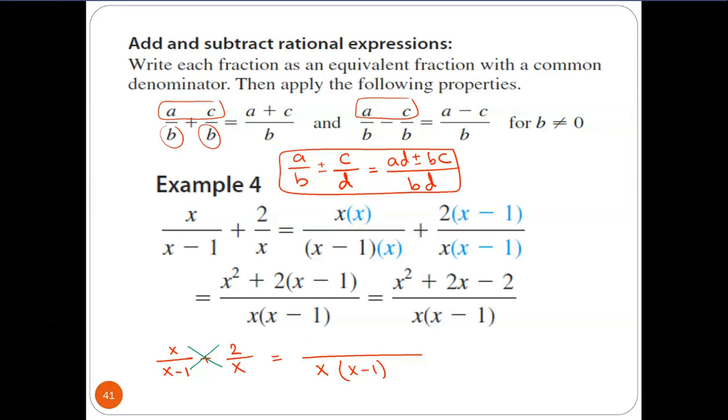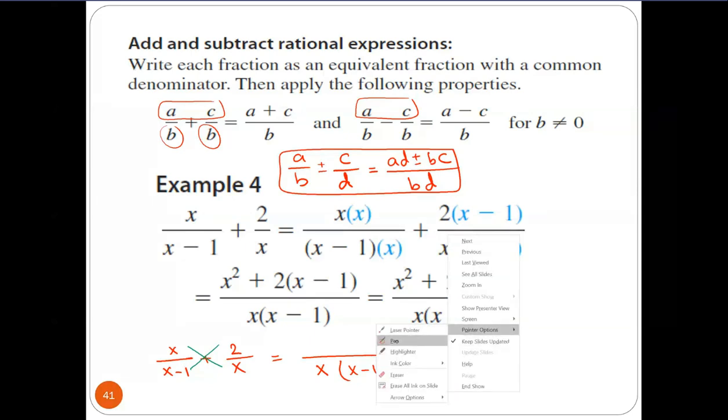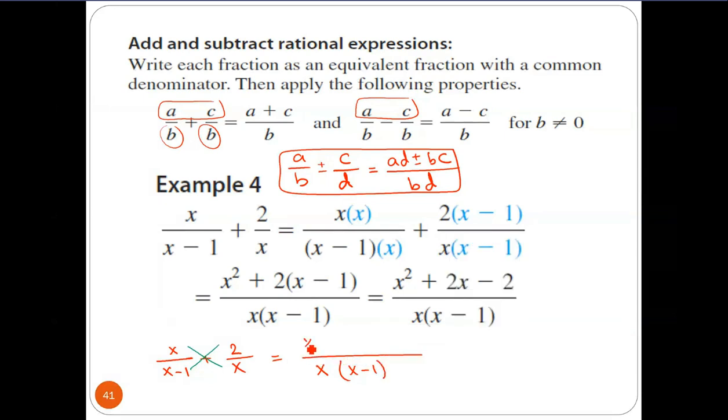X multiply x equals x square, plus 2 multiply x minus 1. Don't remove x minus 1 with x minus 1. This is a big mistake. Why? Because we have addition here.